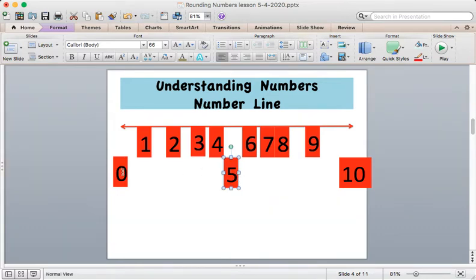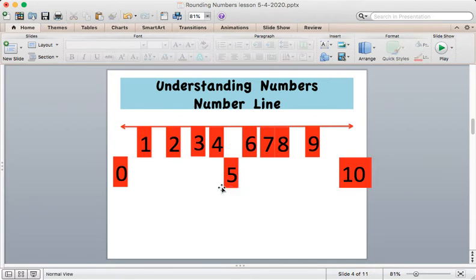The lowest end of the tens is 0. The highest is the ten. 6, 7, 8, 9 are above 5. So what numbers are below 5? 4, 3, 2, 1, 0. And what numbers are above 5? 6, 7, 8, 9. This will be helping us with our rounding. This is why I'll review this several times as we go through this presentation.